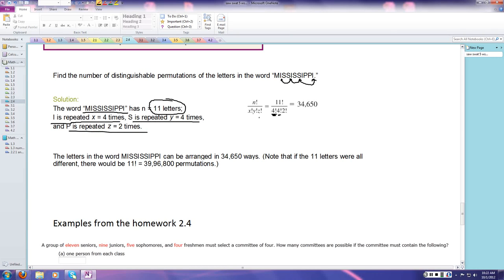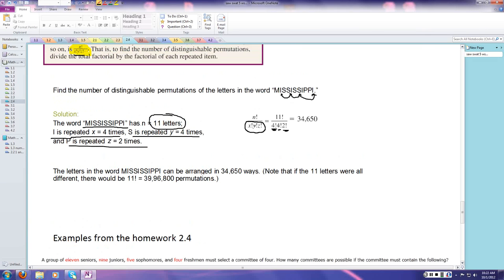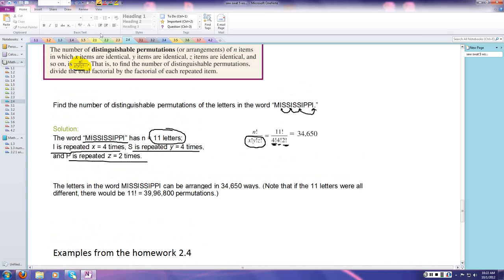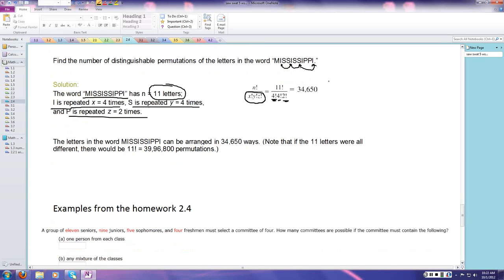And P is repeated twice, so that's why you have a 2 factorial in the denominator. You divide out by any repeated items. If I plug this in my calculator, I get 34,650. That's how many different ways I could rearrange the letters in Mississippi to have unique representation.